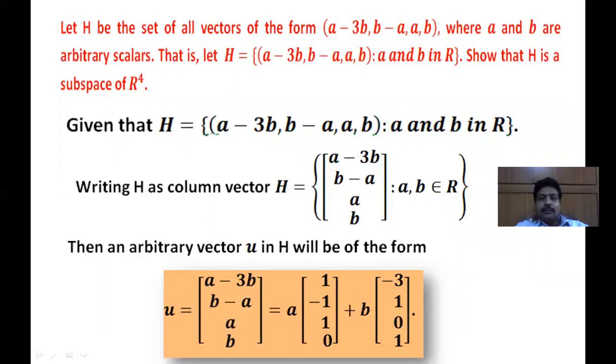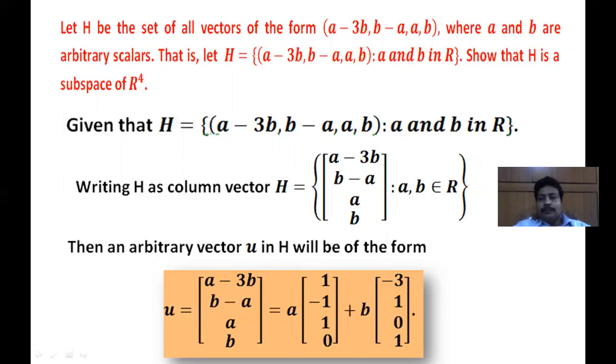That is noted in set notation: H is equal to the set of (a minus 3b, b minus a, a, b), ordered 4-tuples, such that a and b are in R. Show that H is a subspace of R4.